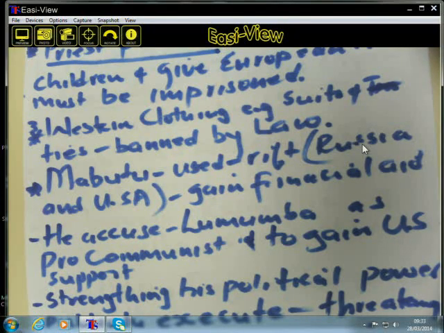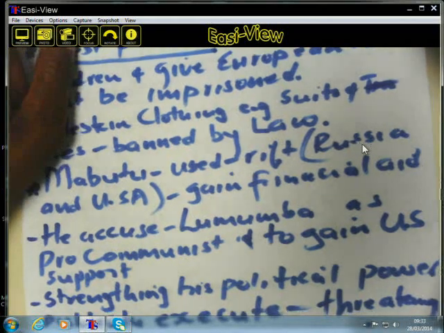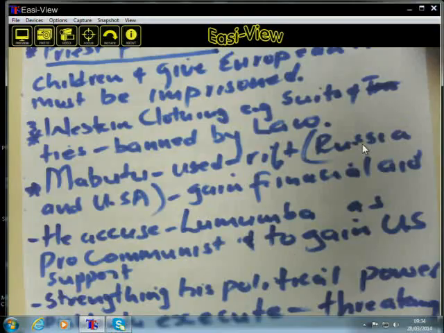Now you'll realize, if the West heard that Lumumba is pro-communist, they will quickly jump to try and assist this guy, Mobutu Sese Seko, financially in ensuring that communism is not spread in Congo.